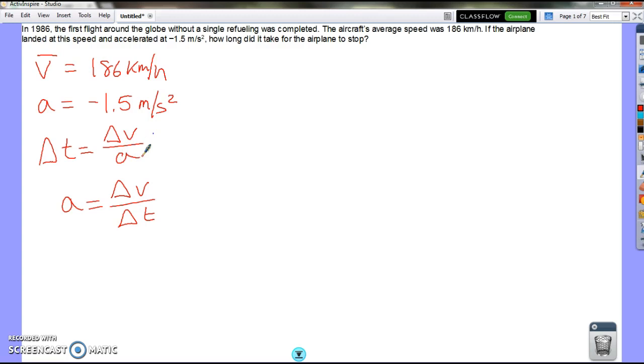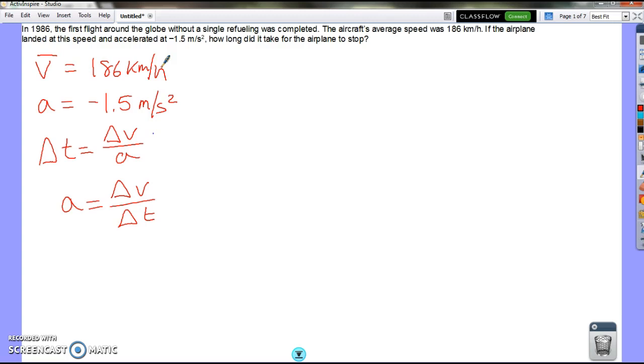But we have to solve in terms of the same units. We've got hours and seconds and kilometers and meters. So the easiest way to do that is going to be to convert 186 kilometers per hour into meters per second. Let's go ahead and set up the whole problem in our dimensional analysis.